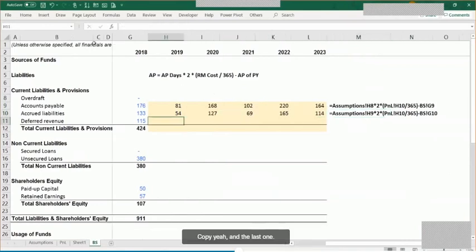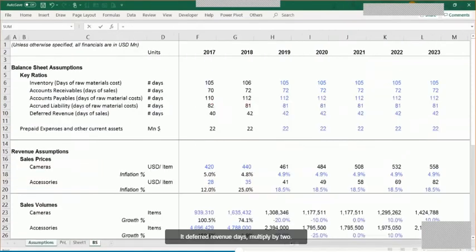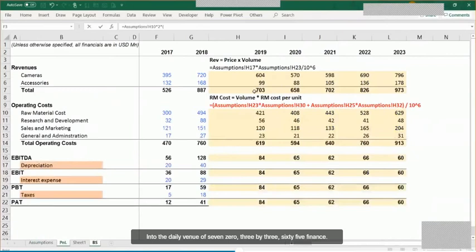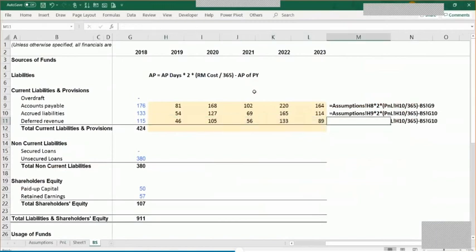And the last one over here is the deferred revenue, which is the deferred revenue days multiplied by 2, into the daily revenue of 703 by 365, minus previous year deferred revenue.